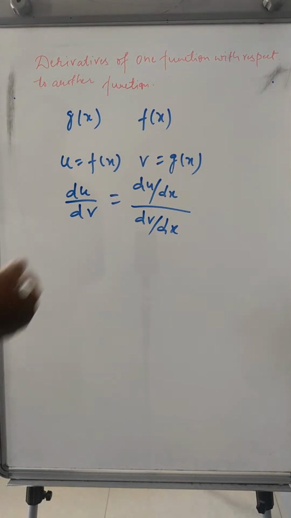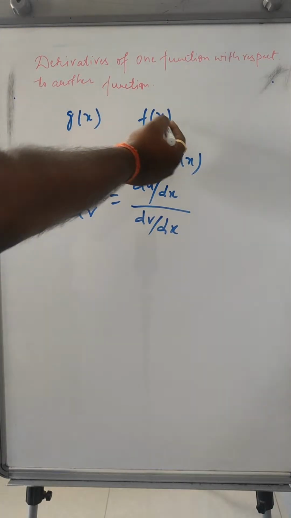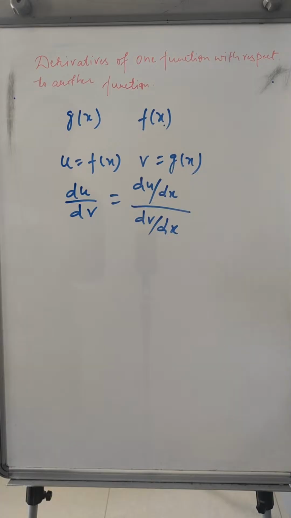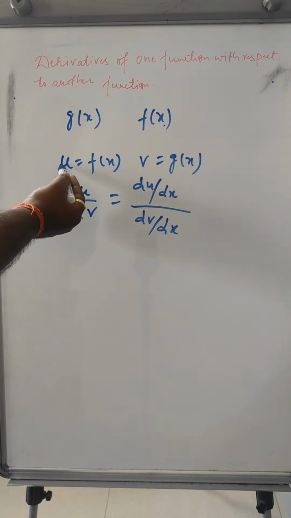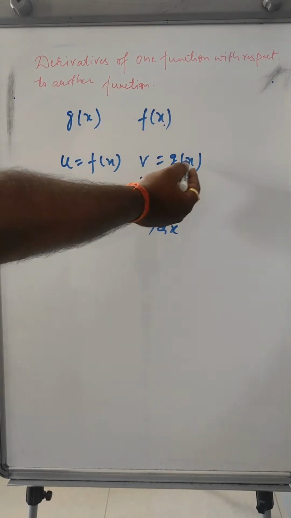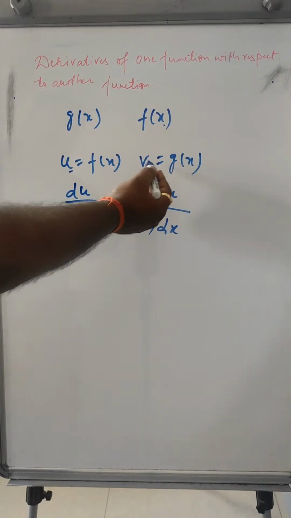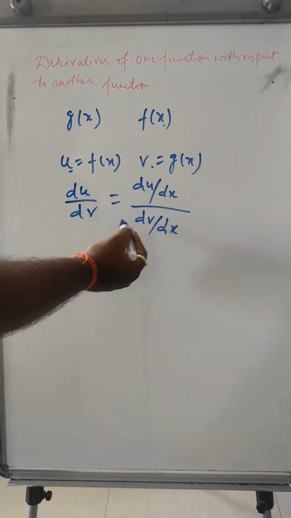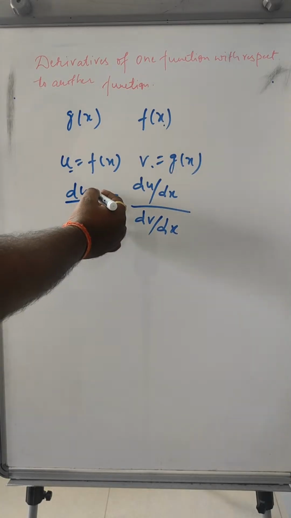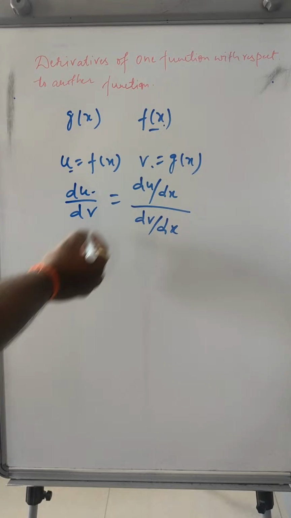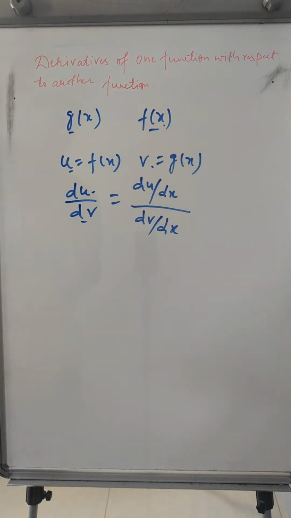So if there are two functions and we have to differentiate this with respect to this, differentiate f(x) with respect to g(x), then from that perspective we take f(x) equal to u and v equal to g(x), and differentiate this in terms of x. The final result should be du by dv, meaning the derivative of f(x) divided by the derivative of g(x).